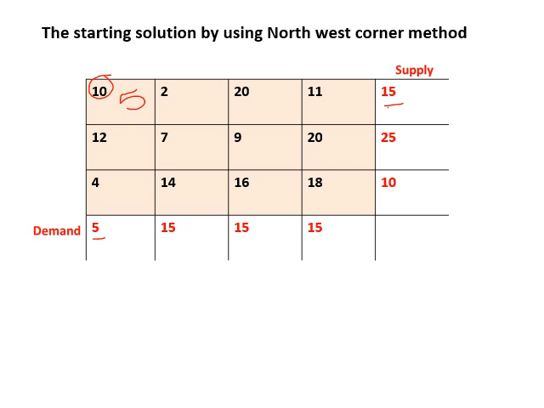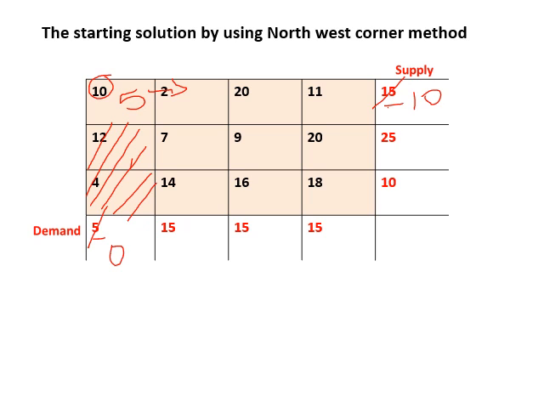So we take 5 from demand, so this will be 0, and 15 minus 5 equals 10. So the supply here equals 10. Now this destination has become 0, and we can't take any more from it because we have 0 here. So we can't move downward. We should move to this cell.